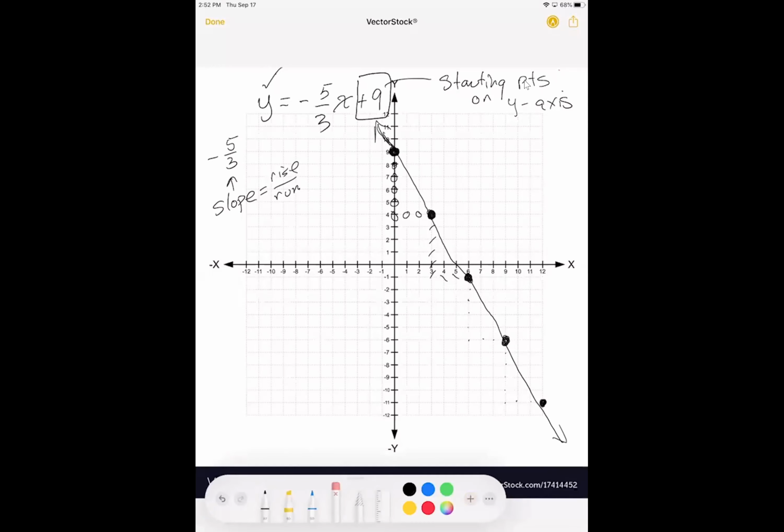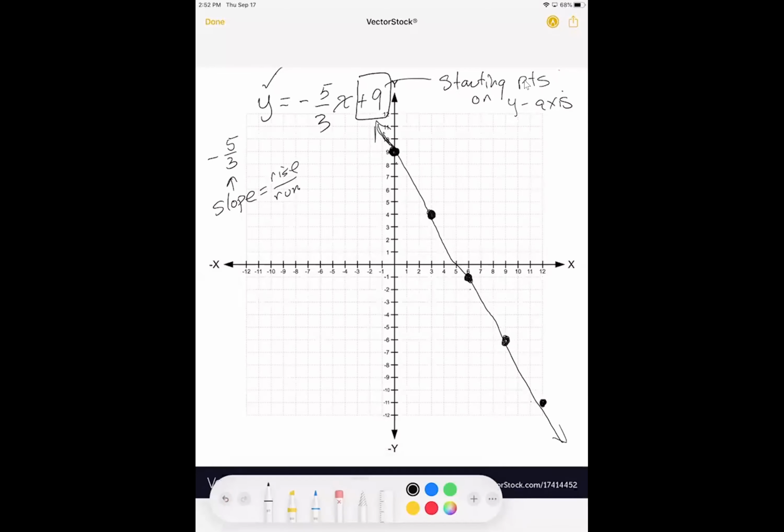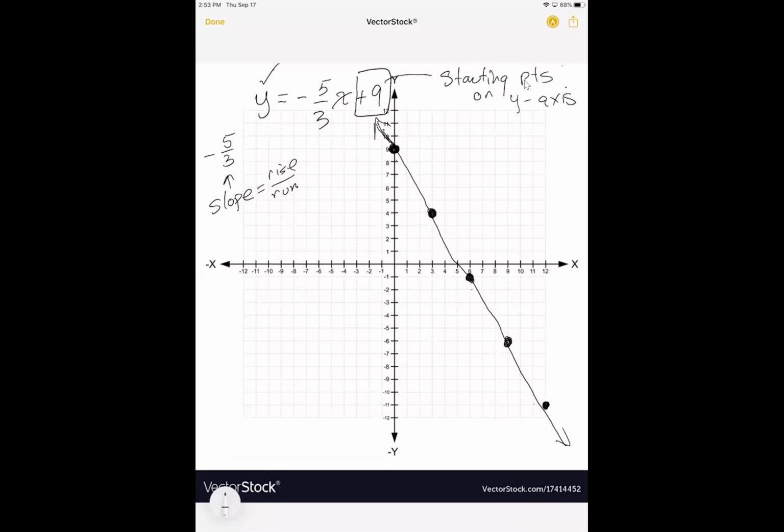But the negative will only apply to the top number and not the bottom, always? Yes. Why is it only the top number and not the bottom? Anybody? The reason is, what happens if you apply -5 and -3?